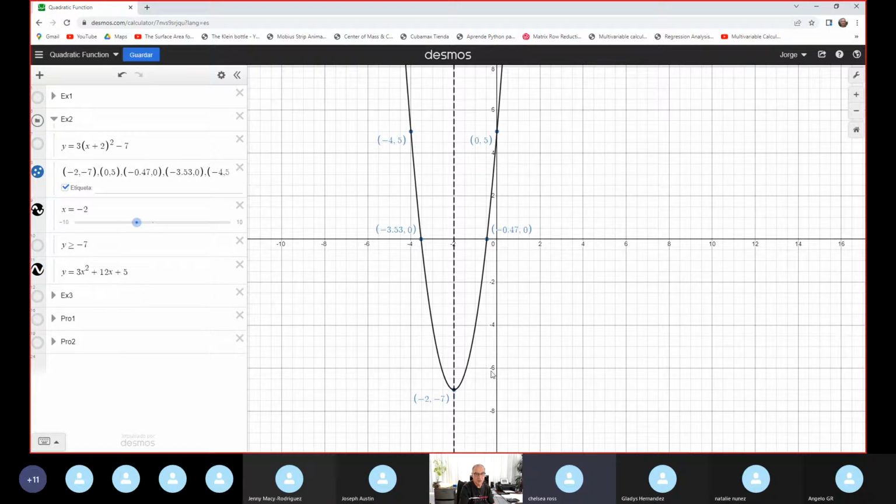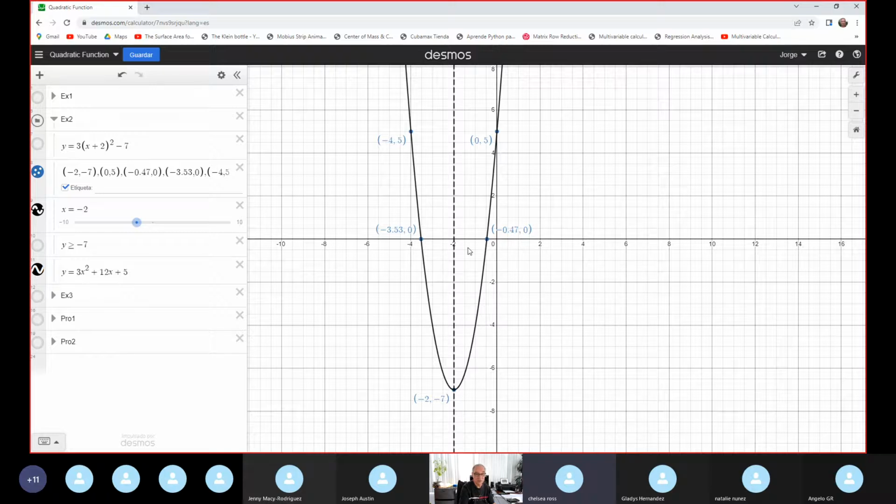We get the y-intercept, which is 5, and we get the two x-intercepts. And also, the axis of symmetry is the line x equals -2.